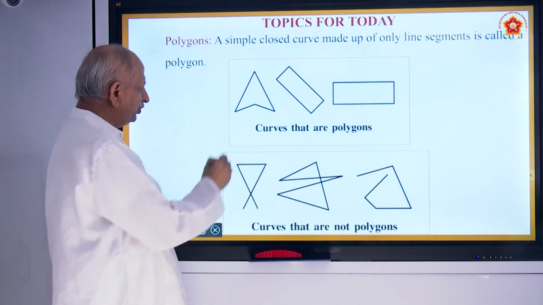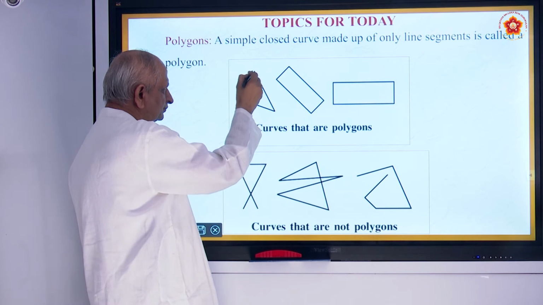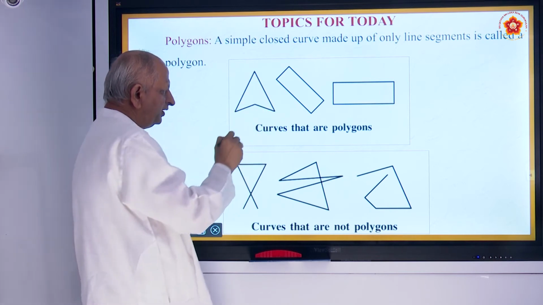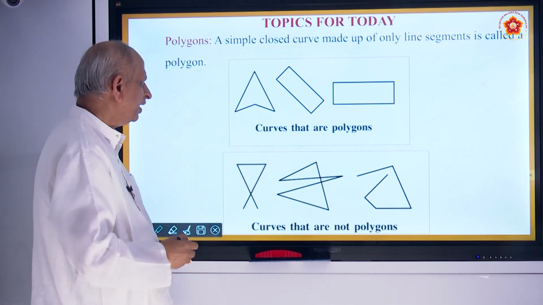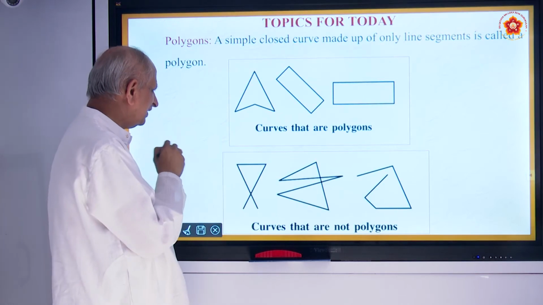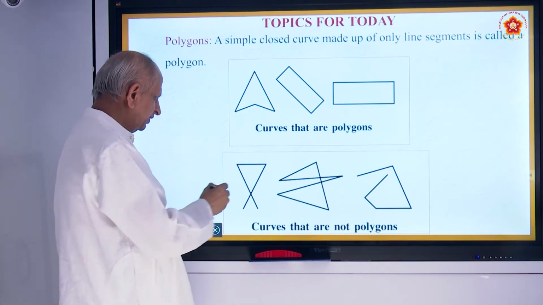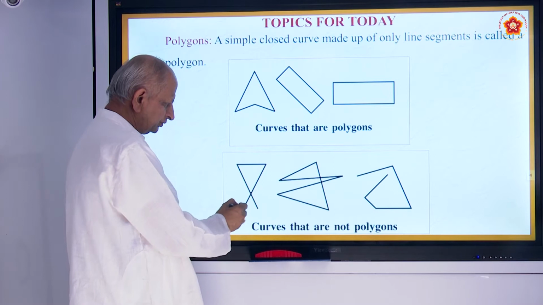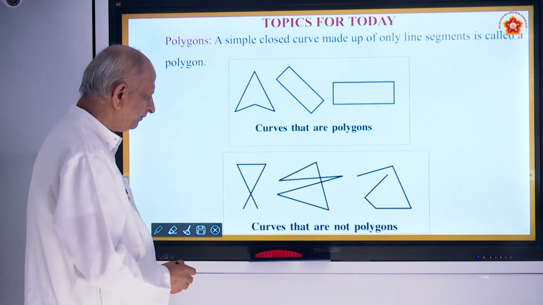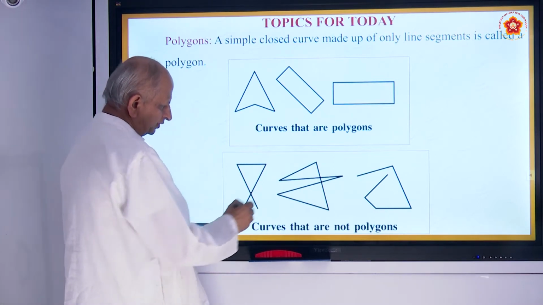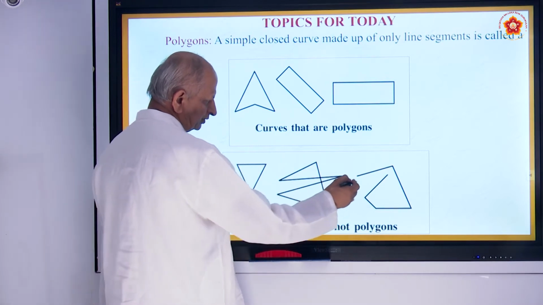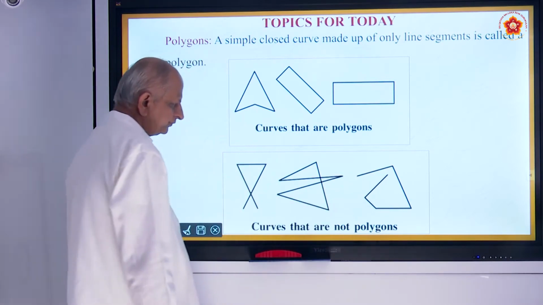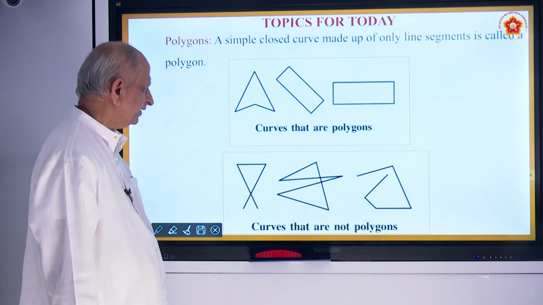It is called a closed figure because all the sides are attached to each other. Here this is not closed, therefore they are not polygons. So this is not closed. This is also not closed. So they are not called polygons.